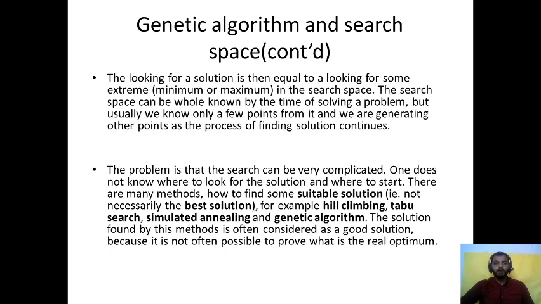Now moving forward, what it says is that looking for a solution is equal to looking for some extreme, minimum or maximum, in the search space. The search space can be wholly known by the time of solving a problem, but usually we know only a few points from it, and we are generating other points as the process of finding the solution continues.